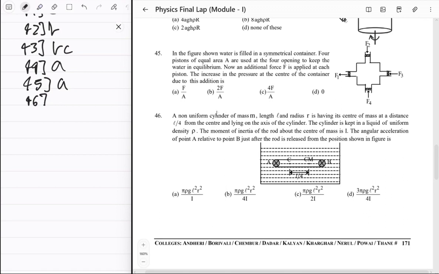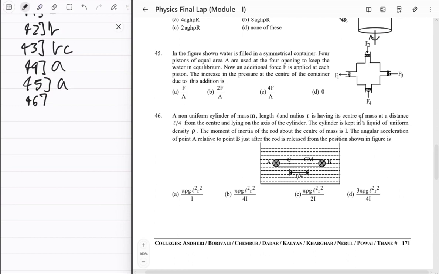A non-uniform cylinder of mass m, length L, and radius r is having its center of mass at a distance L upon 4 from the center. Okay. Cylinder of mass m, length L, and radius r. So this is the cylinder and these are its two ends. Okay.